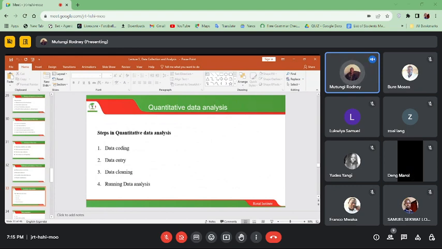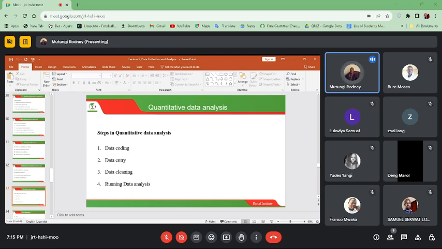In this case, like I said, you need to do data coding, whereby you assign the words to numbers. So if you go to the field and you collect data, for example, about the religion, Muslim, Catholic, Protestant, maybe, and any other religion, those are just words, but the system which is going to do the data analysis understands numbers.